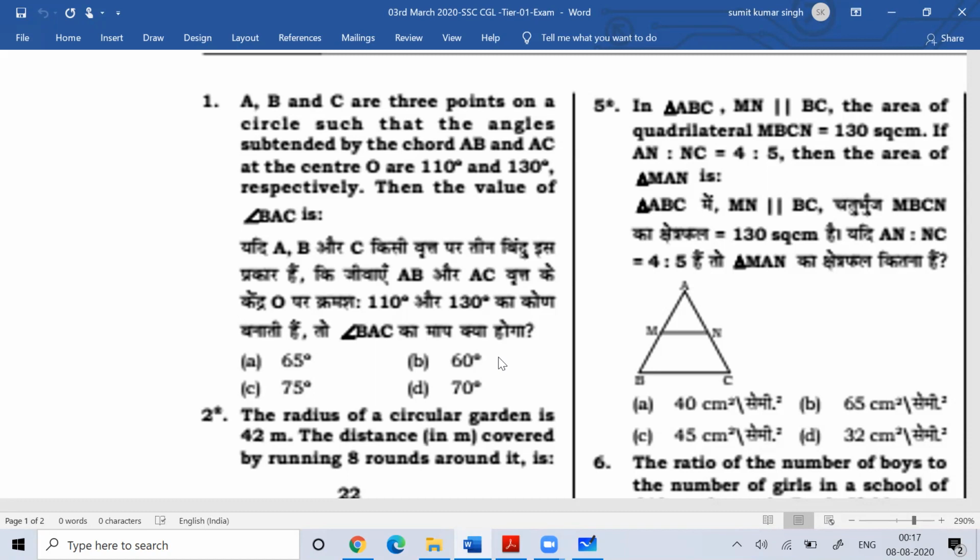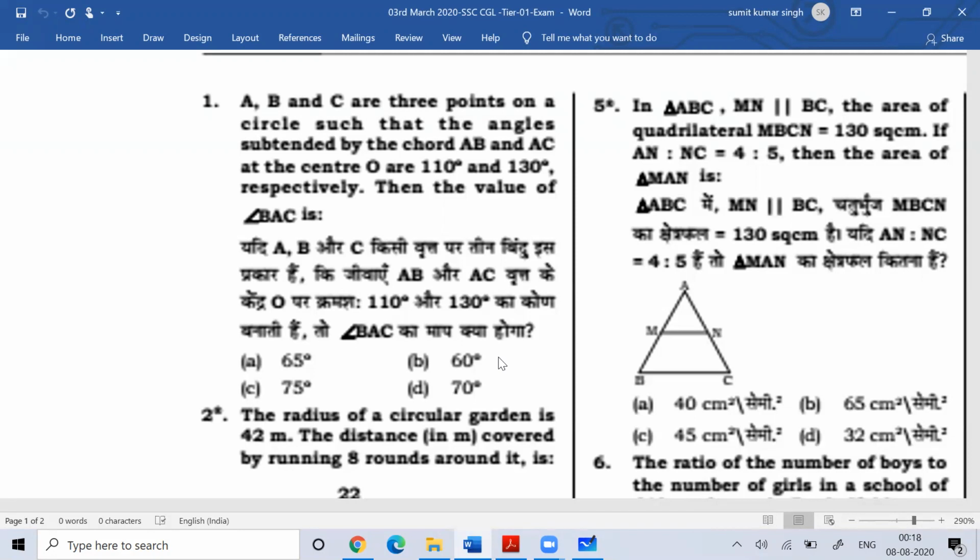So now you can see question number 1. This question is from the chapter called circle. Three points are given on the circle, and the angles they subtend at the center are given. If you join those points, they make chords within the circle.